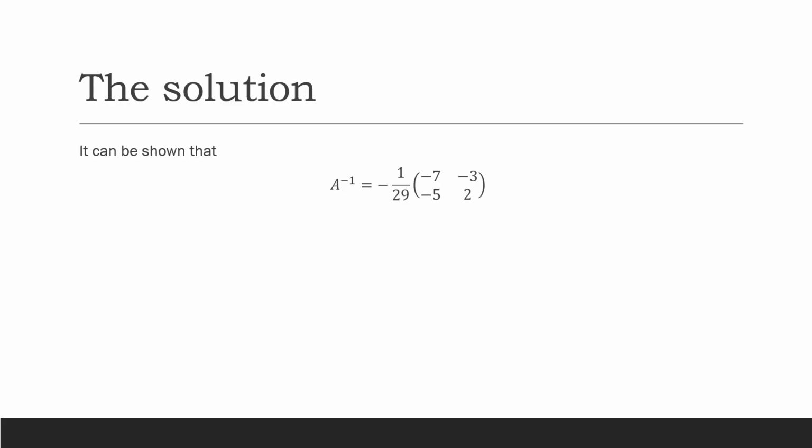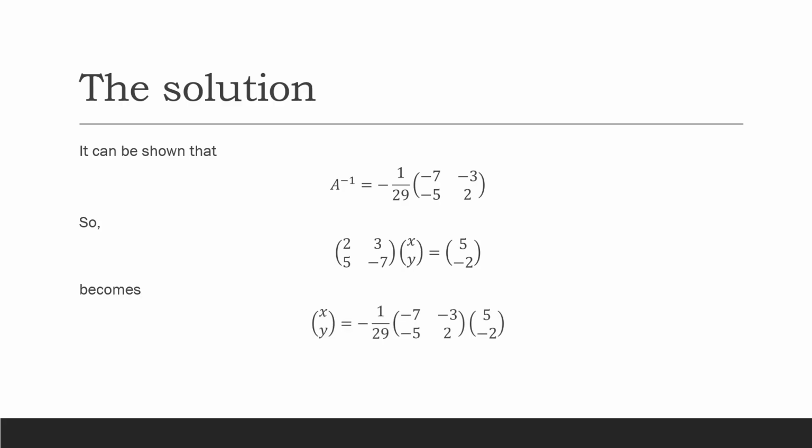So I went through the work and I worked out that A inverse was minus 1 over 29 times the matrix minus 7, minus 3, minus 5, 2. They're often ugly fractions like this. So what we're going to do is multiply both sides by A inverse. Now on the left, if I multiply my inverse matrix by 2, 3, 5, minus 7, I'll get the identity, the matrix equivalent of 1.